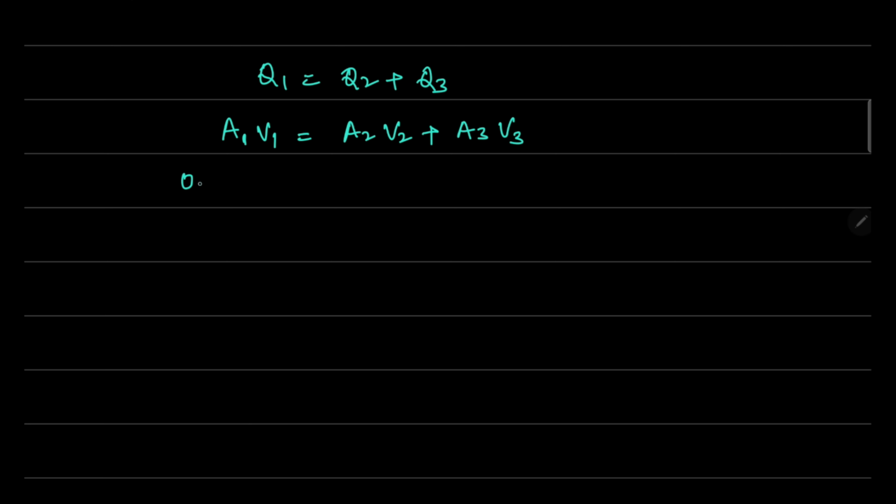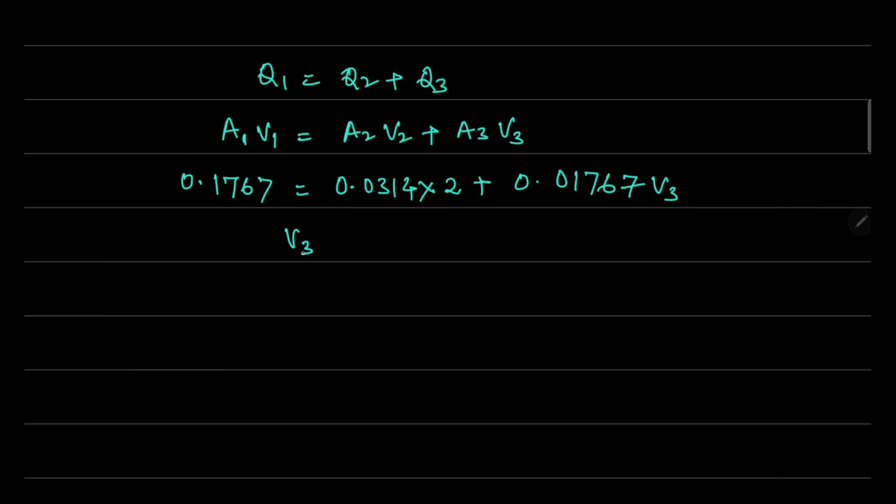So we just figure out that this is 0.1767, and this equals A2, which is 0.0314, times velocity 2, plus A3, that is 0.01767 V3.